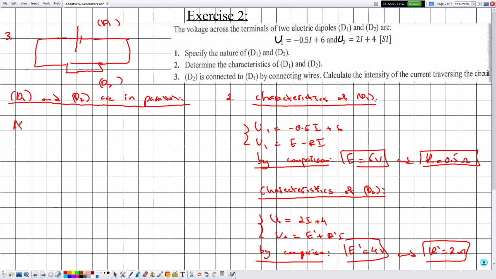Then according to the law of uniqueness of voltages, they have the same voltage. So in this case, the voltage U1 is equal to the voltage U2.